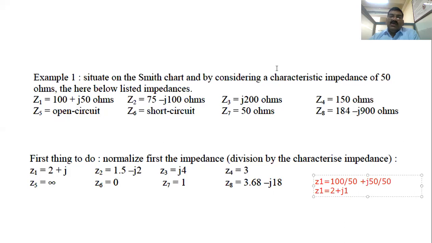Okay. So here is the impedance. Now you have to plot this impedance on the Smith chart. How we will plot it, we'll see. So now I'll go to the Smith chart, and directly on it we will do this calculation.